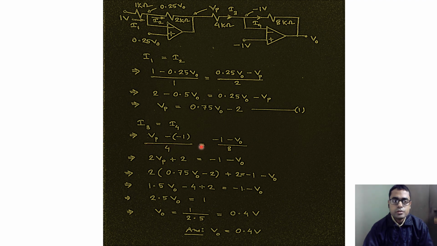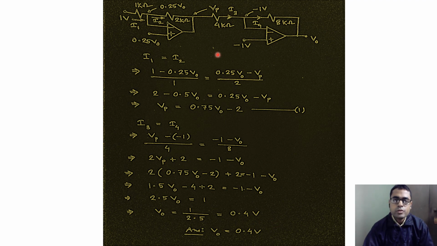If we go ahead with this little algebra, it results in V naught, where Vp substitution from equation 1 can be done. If we write this as 2 times Vp, this becomes 2 times 0.75 V naught minus 2. Then going ahead with a little bit of math, we find that V naught is equal to 0.4 volts.